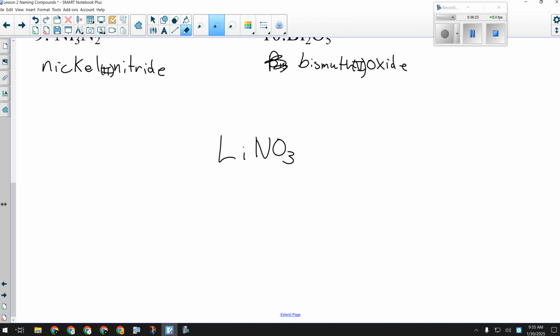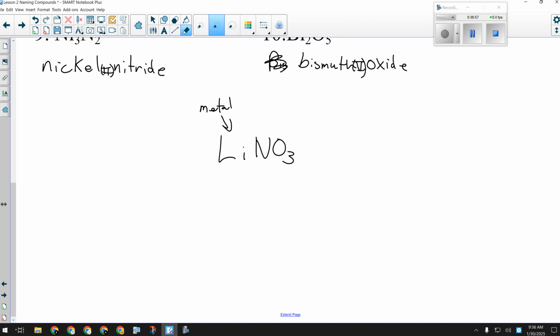So this is still what we would consider a binary ionic compound. That means it only has 2 parts. The first part is lithium, the metal. The second part is this. This stays together. It's a single unit, but it is a charged particle, right? The charged particles are called ions. In this case, because it has more than one atom in it, a polyatomic ion.